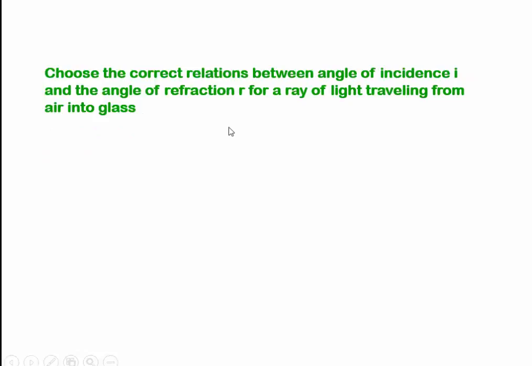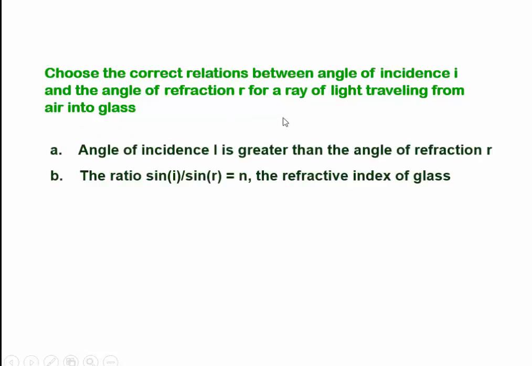What are the correct relations, or which of the given relations are correct? You know that when light enters from a less dense medium to a denser medium, it bends towards the normal. When the refracted ray bends towards the normal, it makes the angle of refraction less than the angle of incidence.